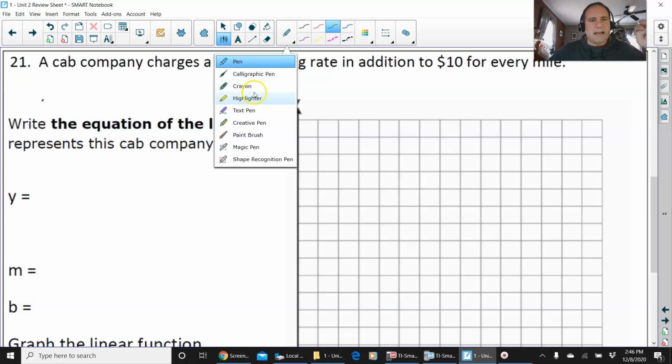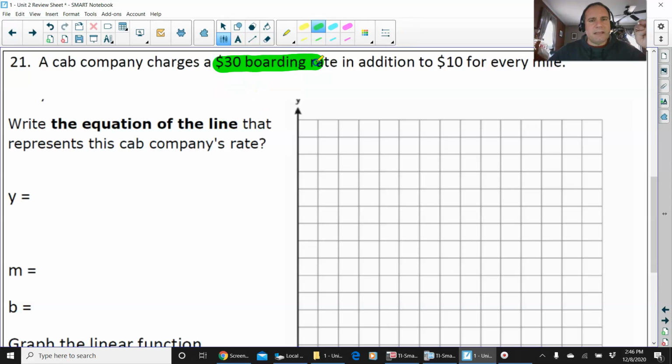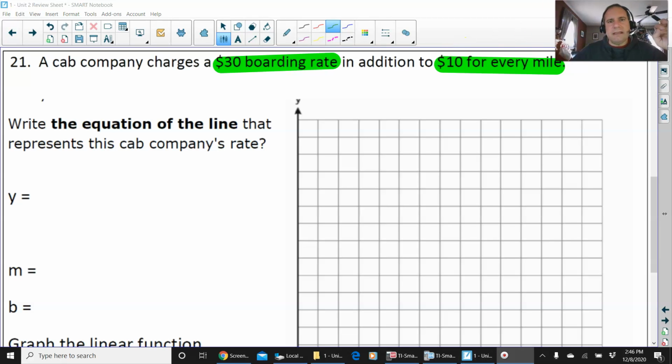So I'm going to highlight the boarding rate and $10 for every mile. So what we say right now is the number that is getting charged over and over and over again is your slope. It's your rate. M equals 10.